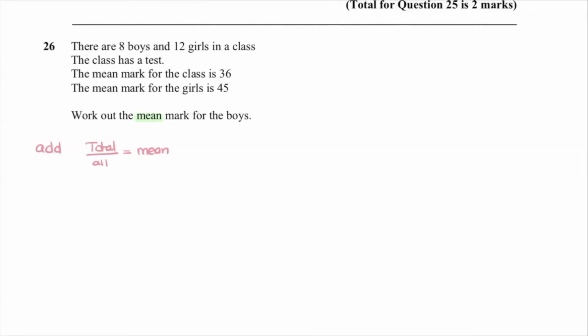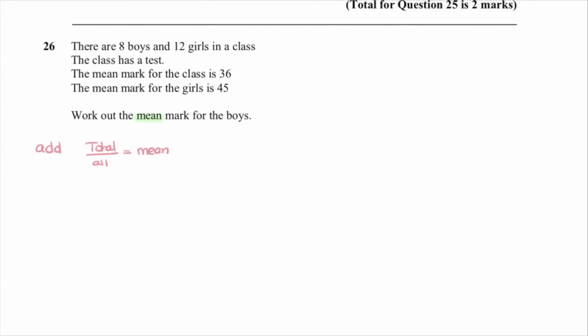Even though when we talk about the mean we think about it in the form of a sentence, add them all up and divide by how many there are, the reality is it is a formula. You add to get a total, you divide by how many there are, and you get your mean. And that is what you're going to use to make this a very easy question to answer.